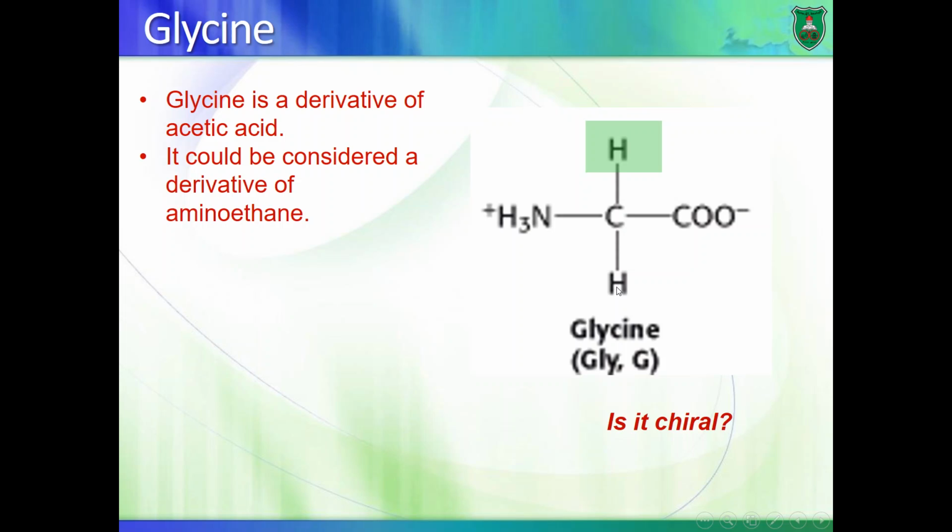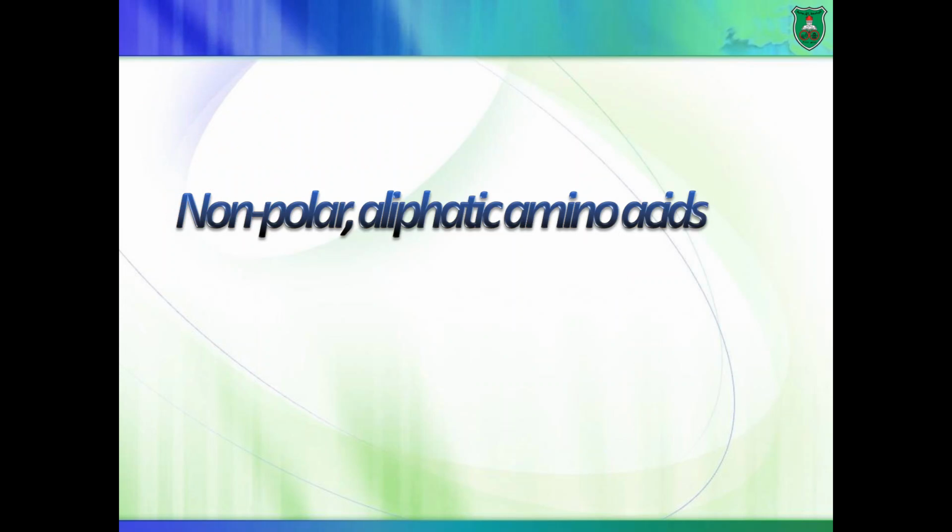So it's the only one that doesn't have L and D structures. It is a derivative of acetic acid, and it can be considered a derivative of amino ethane. So that's glycine.